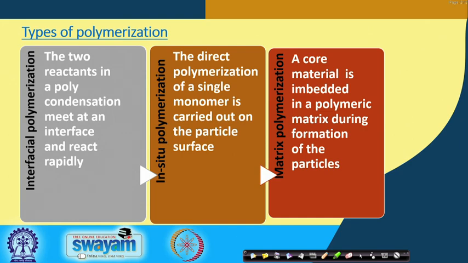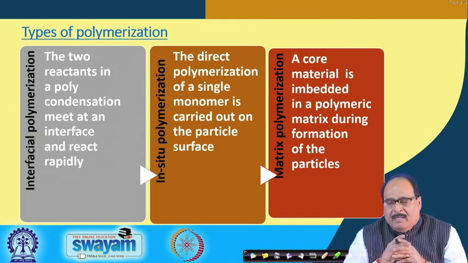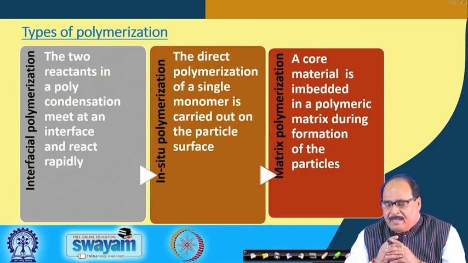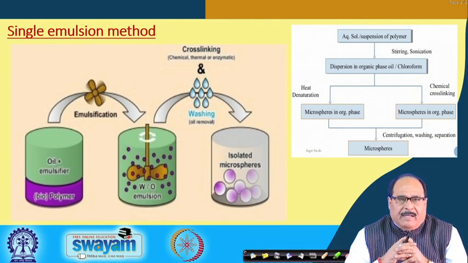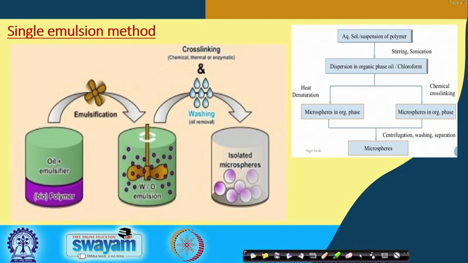In the case of in situ polymerization, there is a direct polymerization of a single monomer, and this is carried out on the particle surface. Matrix polymerization includes a core material, and this core material is embedded in a polymeric matrix during formation of the particles. The process can be done either by the single emulsion method or by the double emulsion method.